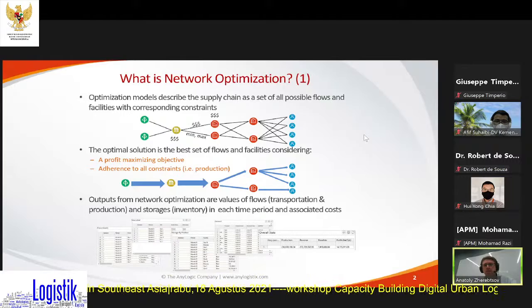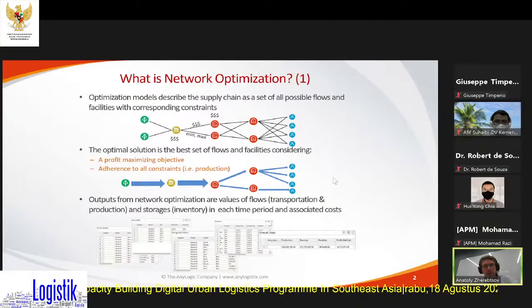Usually, these are different costs, like carrying cost, facility opening cost, fixed costs, and so on. And if we talk about transportation, it's usually cost of delivery. It may also be cost of production or supply cost. So, all different types of costs that you can have in your supply chain.